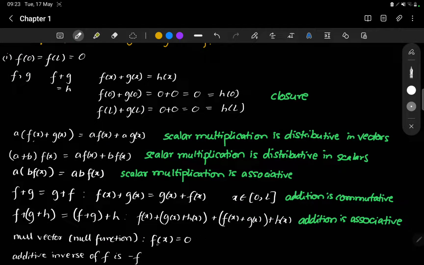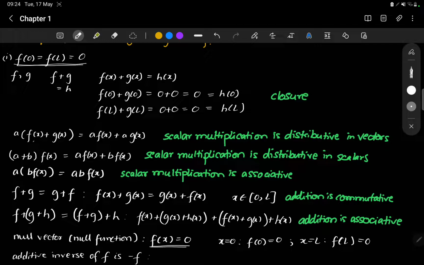Yes, indeed it has this null vector which takes the value 0 everywhere. This does satisfy the condition that we have, because at x equal to 0, f of 0 is indeed 0. Similarly at x equal to L, f of L is 0. This is the null function, so it definitely takes the value 0 at the endpoints.